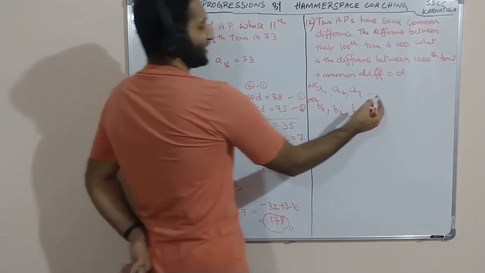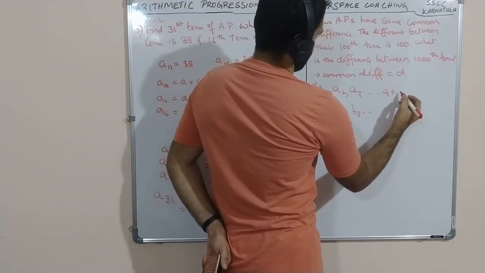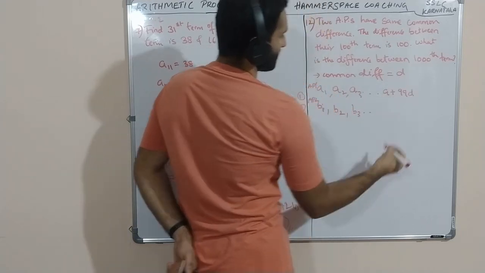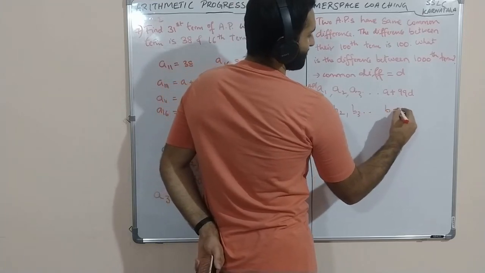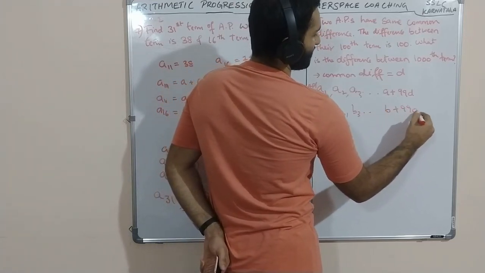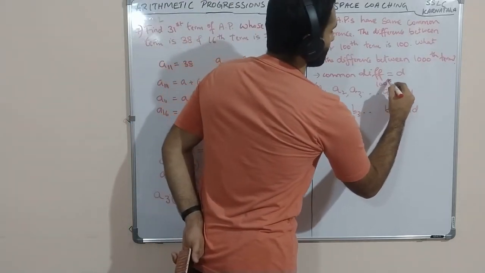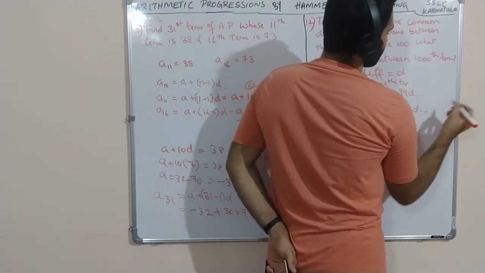So what will be the 100th term? It will be A plus 99, which is 100 minus 1, into D. D is the common difference. For the second AP it will be B plus 99D. So what will be the 1000th term?